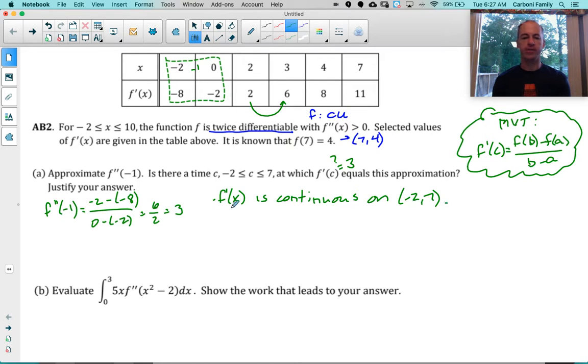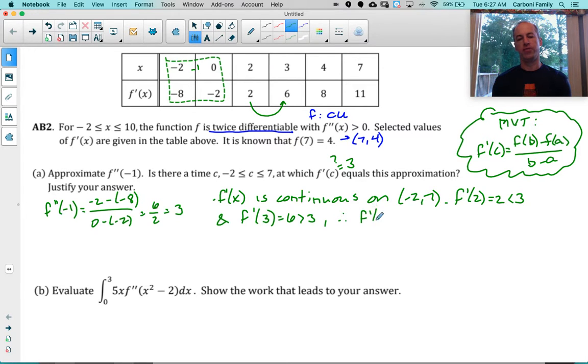So then I'll continue. f prime is continuous on -2 to 7. f prime of 2 is equal to 2. And I like to focus on the value we are trying to achieve. That 2 is less than 3. And f prime of 3 is equal to 6, which is greater than 3.